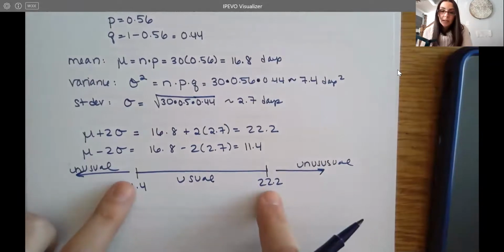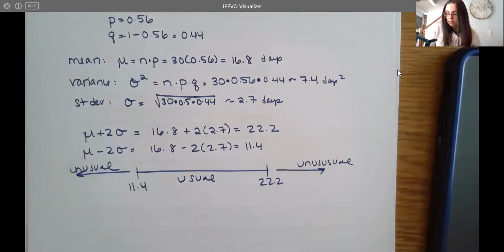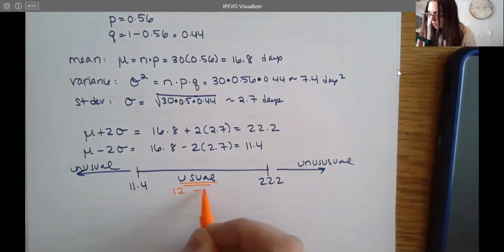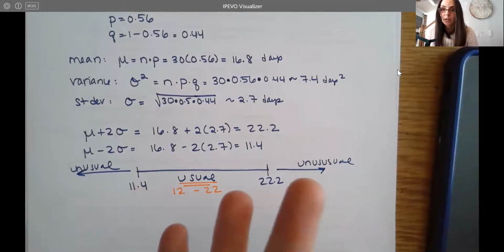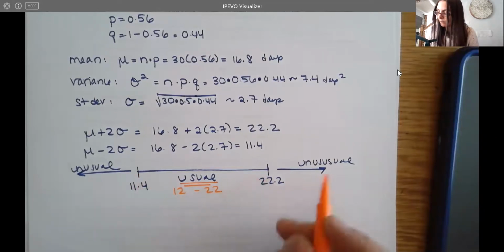Now, watch your decimals here. So you do want to actually include those decimals. It may seem a little bit weird, but for instance, if we're thinking about full days, then our usual full days would actually be 12 days to 22 days, right? Because you can't have 11 and a half days, really. I mean, I guess you could, but really we talk about a full day, right? So 12 days cloudy to 22 days cloudy would be normal. Those are both inside these ranges.